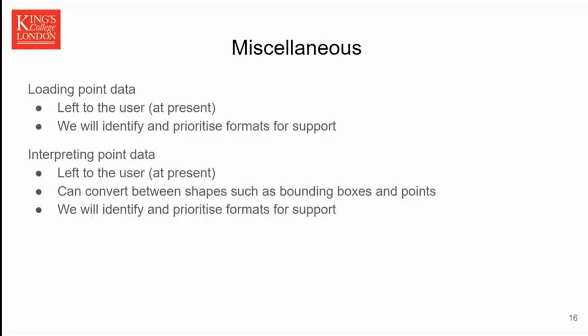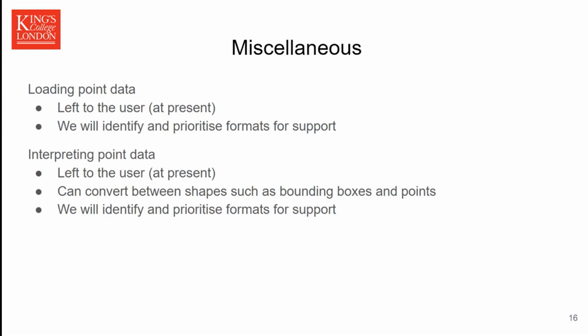Similar to the way point data is interpreted, at the moment, we take tensors of points outside of dealing with bounding boxes. The points are considered the critical thing for us to transform. And if you then want to interpret those points in various different ways, i.e. as a polyline, as a mesh, and so on and so forth, that's currently left to the user.